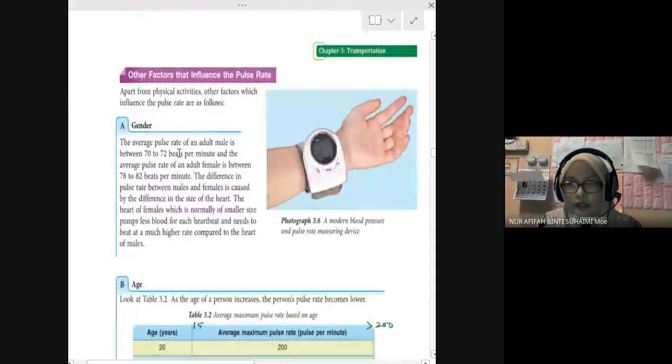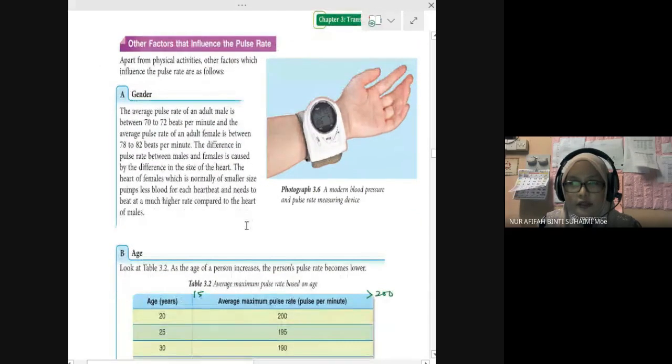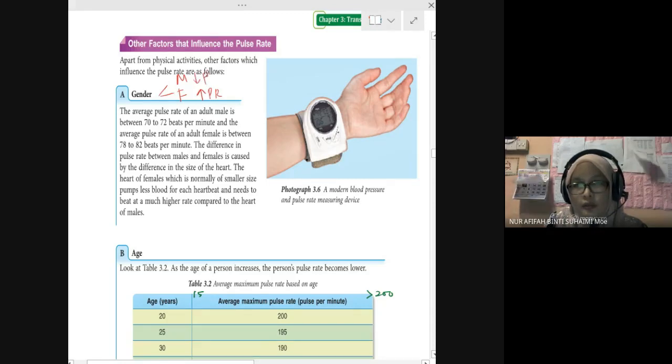Now, other factors that influence the pulse rate: we have gender. Gender refers to male or female. Female actually has a higher pulse rate compared to male. Male has a lower pulse rate.